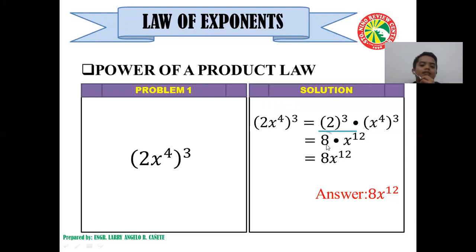So 8. And then x to the 4 cubed, x to the 12. So this is exponent to exponent, 4 times 3, that is 12. And then 8x to the 12. Again, you cannot combine 8 by x to the 12 because this is not a variable. So this is now your final answer, which is equal to 8x to the 12.